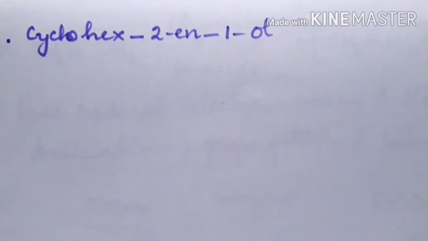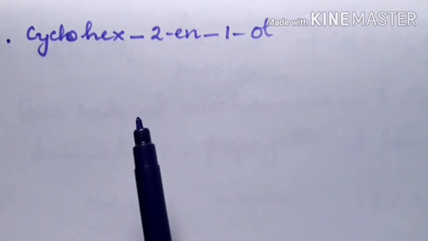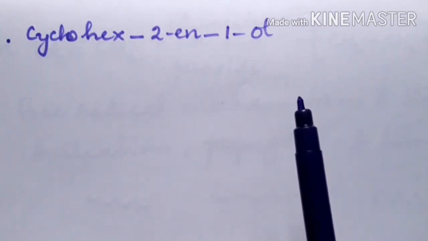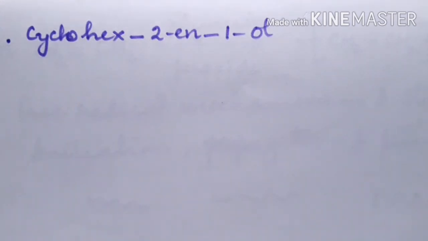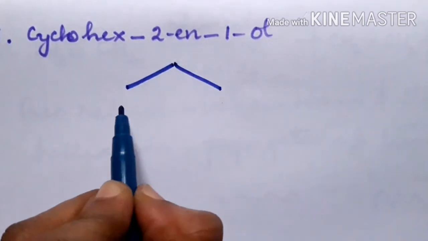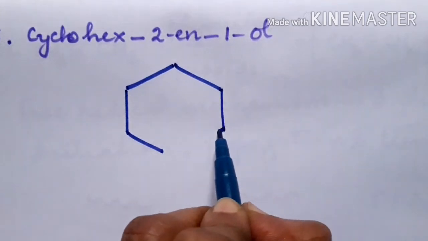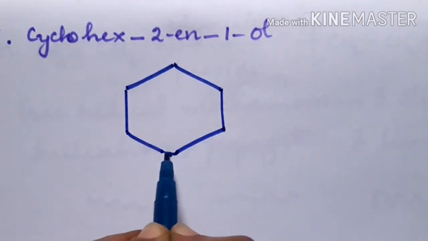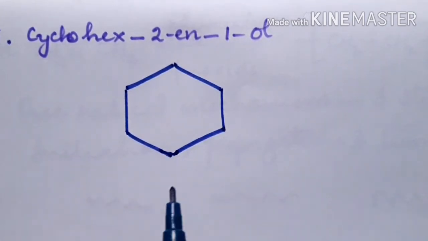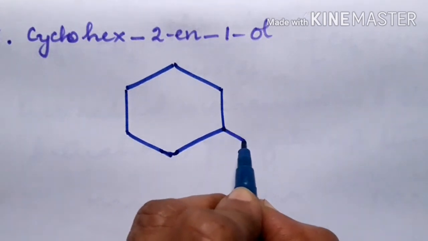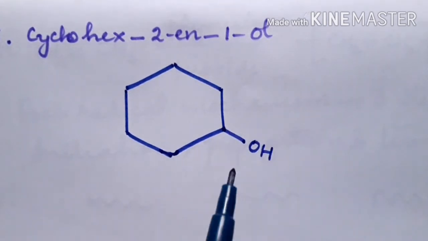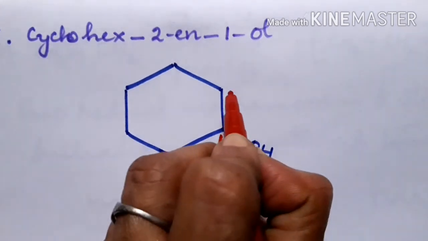The last compound taken is cyclohex-2-en-1-ol. Cyclohexene means it is a cyclic structure. So this is cyclohexane. Now we have to convert it into ol. 1-ol means first position we have OH group. This is first position.